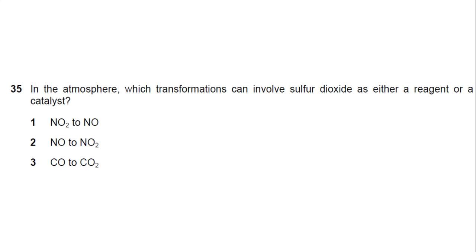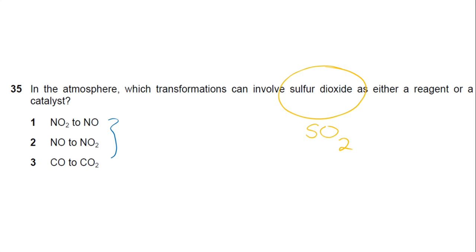In the atmosphere, which transformations can involve sulfur dioxide as either a reagent or a catalyst? So we're talking about sulfur dioxide. One thing that you note about all of these statements and reactions given is that all of them involve one thing, and that is a transfer of oxygen.